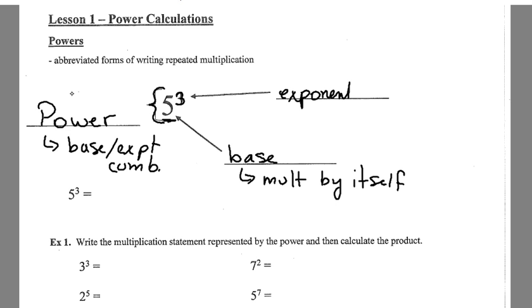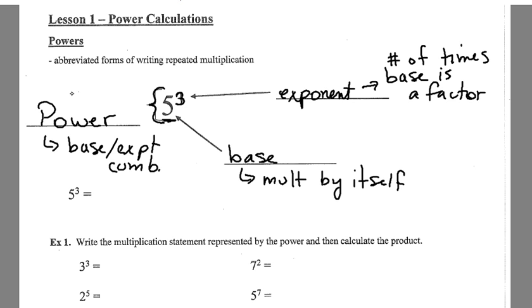The exponent is telling us how many times, the number of times the base is a factor. How many times do we have a 5? That's what this is looking at. So 5 exponent 3 tells us that our 5 is going to multiply by itself. The 3 tells us, the exponent, we need 5 as a factor 3 times.